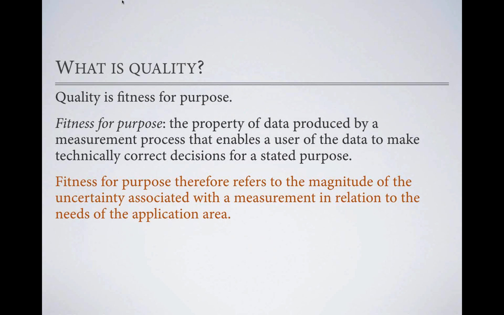But if you're looking at an environment with extensive growth, extensive respiration, substantial mixing, which is typical of most brackish areas, then probably you don't need that low an uncertainty for the application area. And if you can make do with a larger uncertainty and still make technically correct decisions, you can do it cheaper. You can do it quicker. All these things fall into place better.